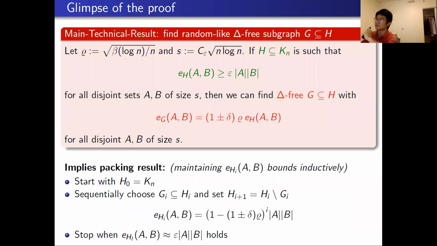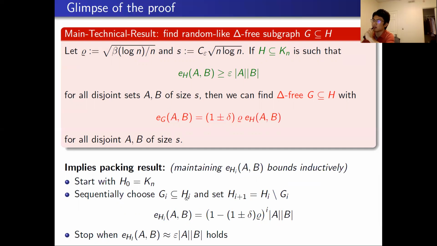All right, so now let's look at how this technical result implies our packing result. As we have seen, we start with H0 equal to the complete graph Kn, and for each Hi, we subsequently find the Gi in Hi by using this technical result.